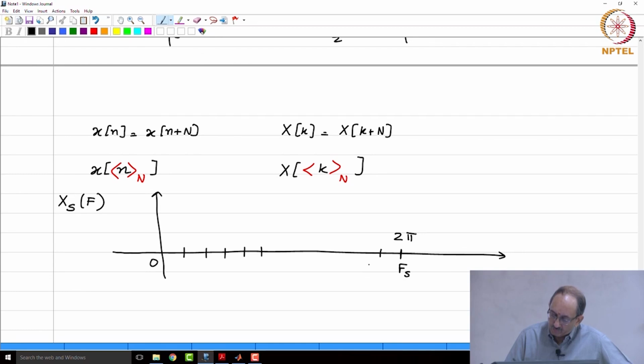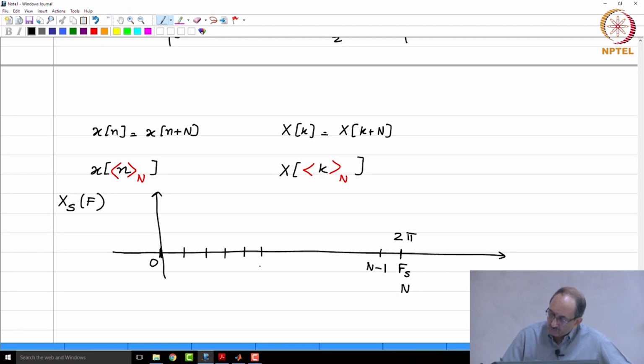The last point is really N minus 1, and if you let k be N, that is the same as k being 0. Therefore, k being N will correspond to the point 2 pi.